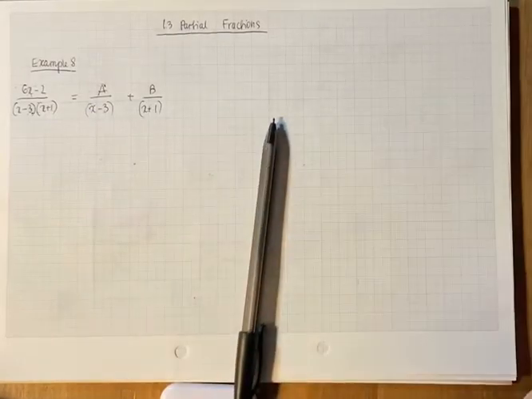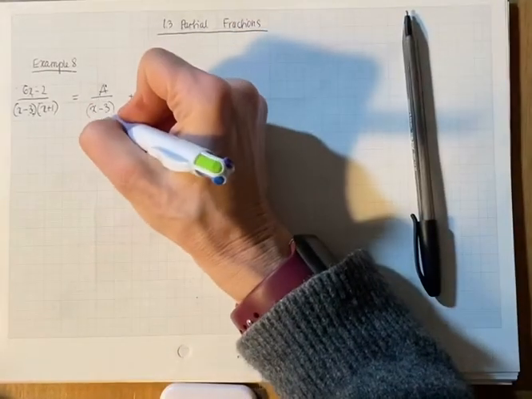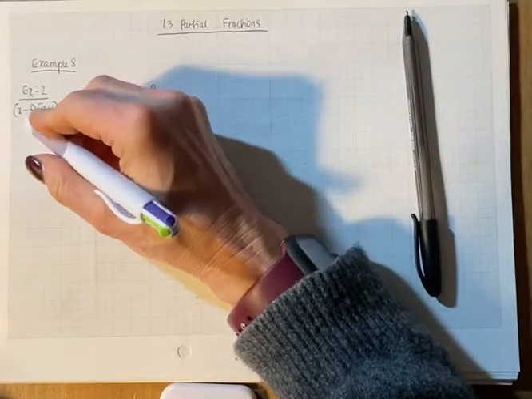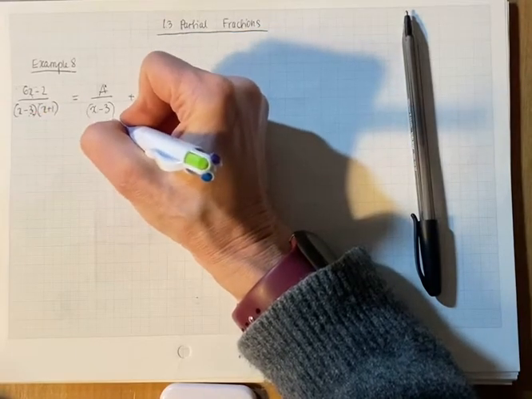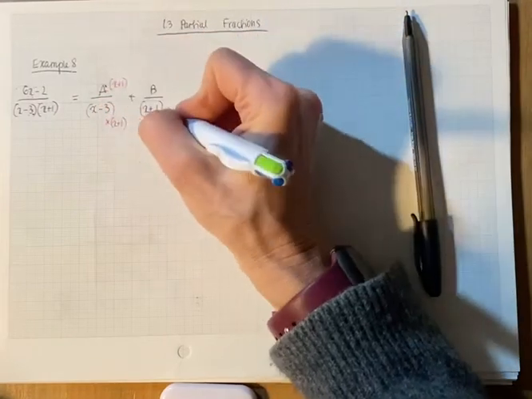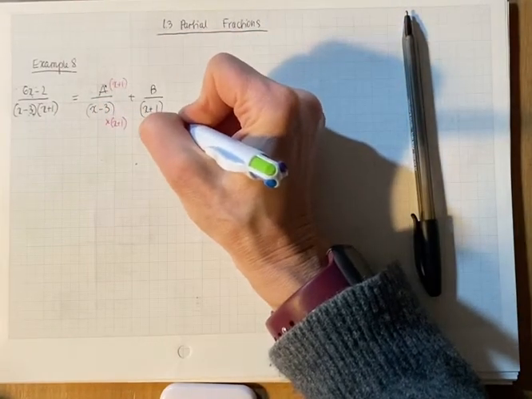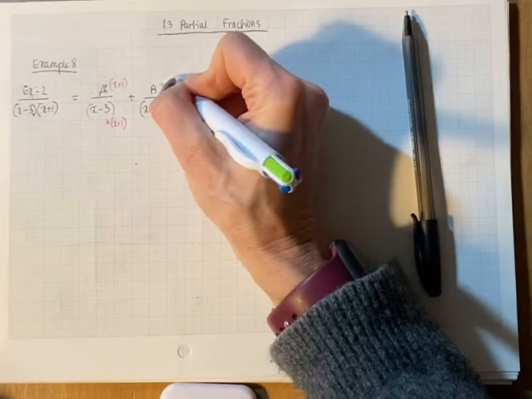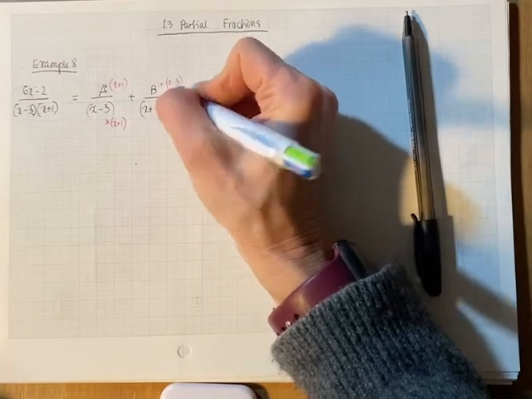So the one on the right hand side will have a common denominator of x minus 3 and x plus 1. So you'll have to multiply the first fraction by x plus 1 and the second fraction by x minus 3. The key thing here is not to multiply things out.